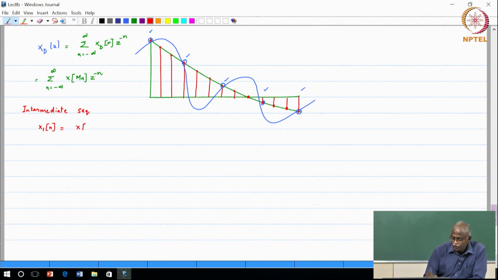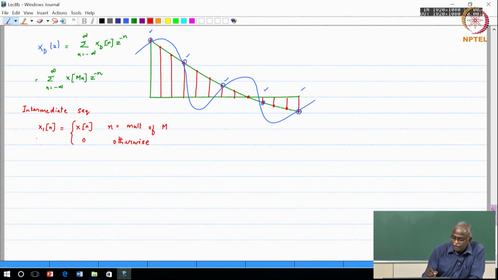This is equal to x[n] if n is a multiple of M, that is 0, plus or minus M, plus or minus 2M and so on, and equal to 0 otherwise. Okay. It actually has less information than x[n]. Why not might as well have worked with x[Mn], because that has the same information, but actually this sequence has a lot of value and benefit.